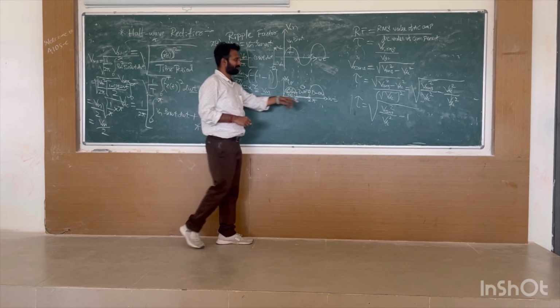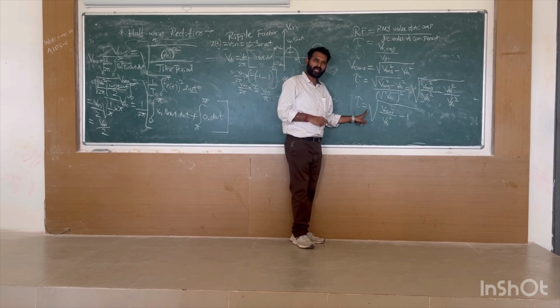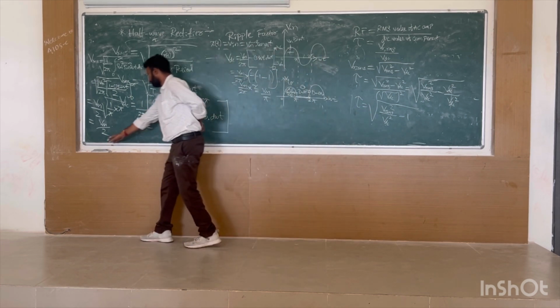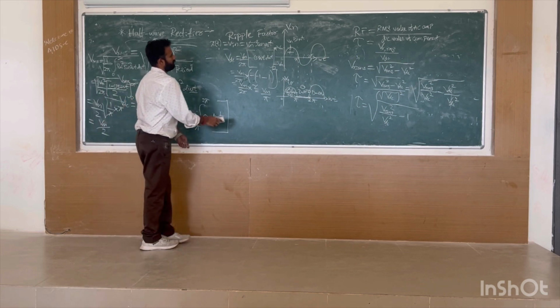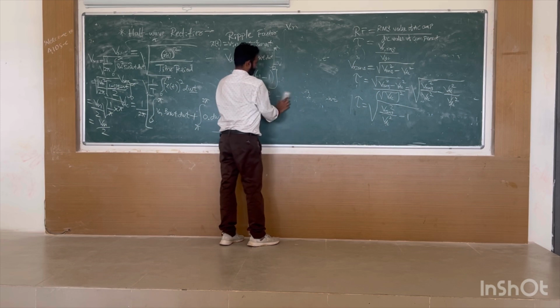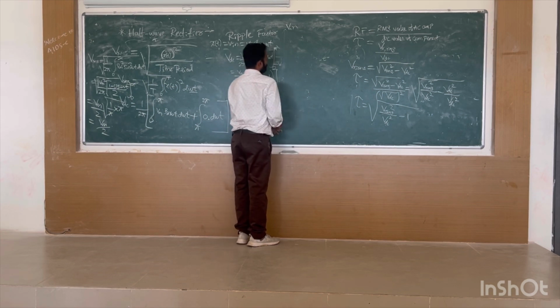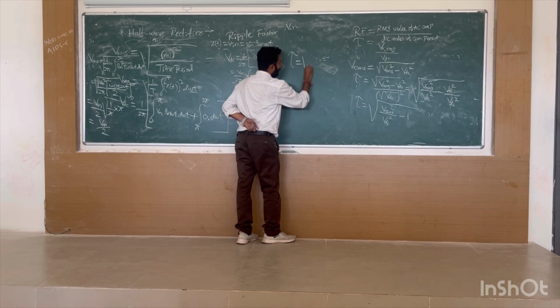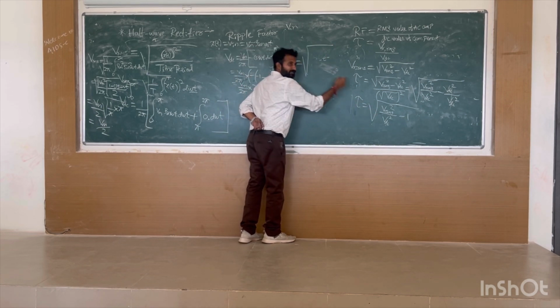What is our task? Tau. To calculate tau. So tau is equal to, calculate the value. Tau is equal to square root of, VRMS is how much?